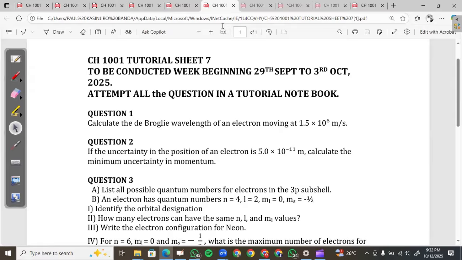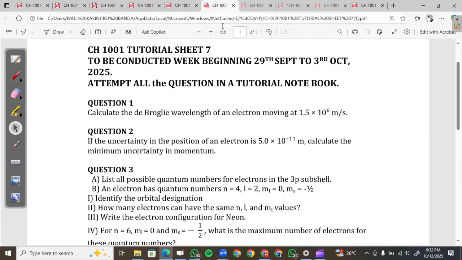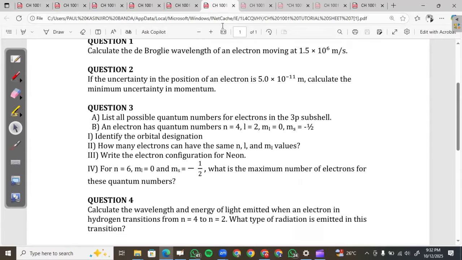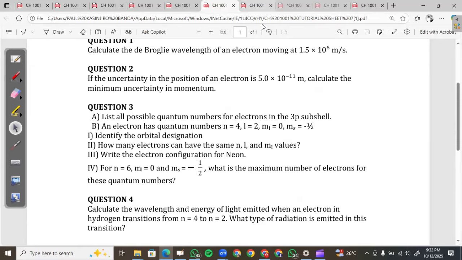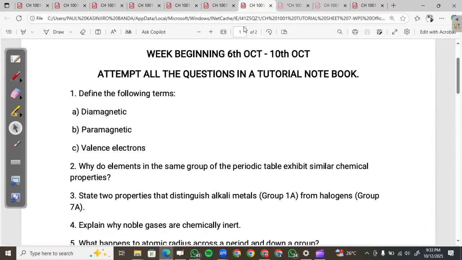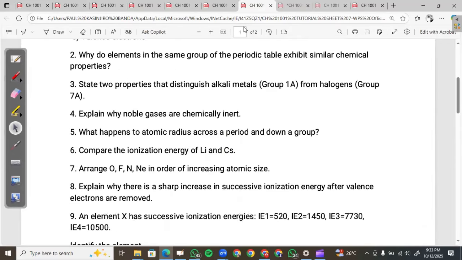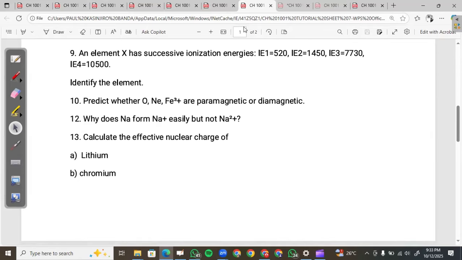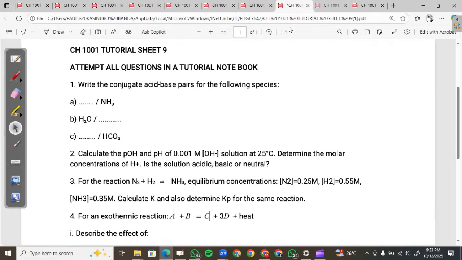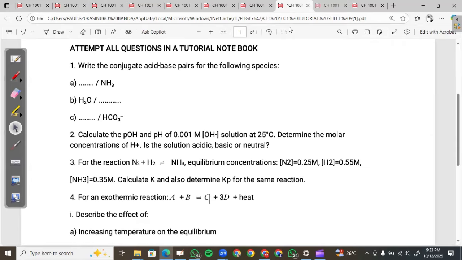And then we went to the tutorial sheet for atomic structure. You can see this was the first tutorial sheet on atomic structure. We solved all the questions. And then this was the other one, atomic structure. We solved it again. All the questions here have been solved from question 1 all the way to question 13. Tutorial sheet 9 was on chemical equilibrium.